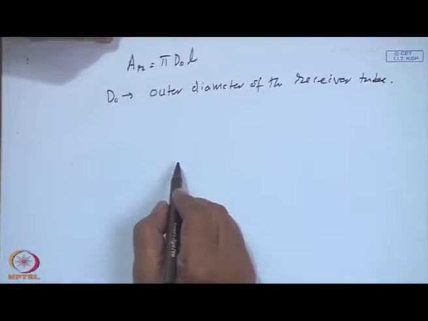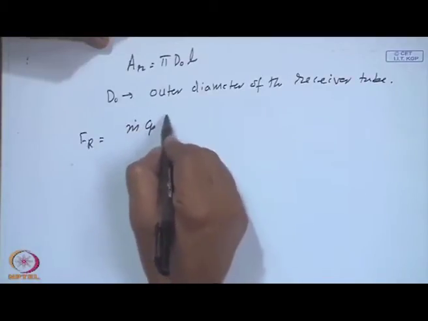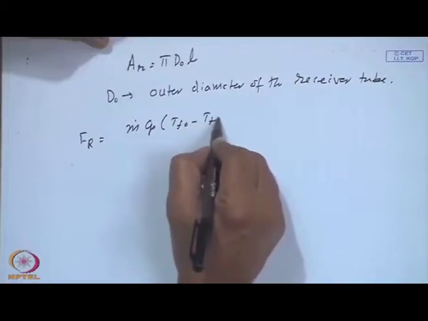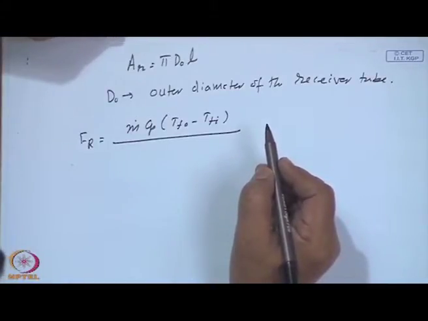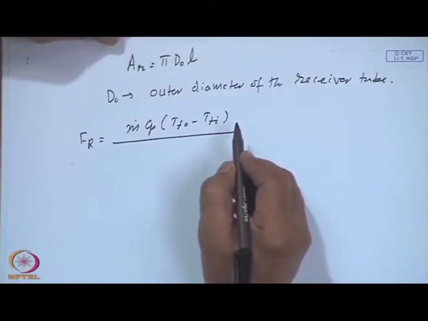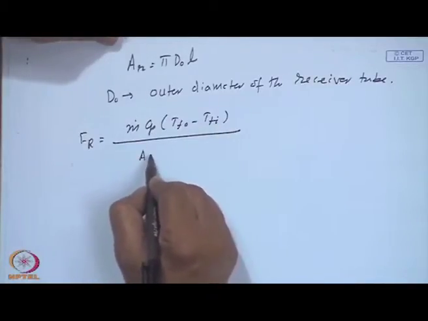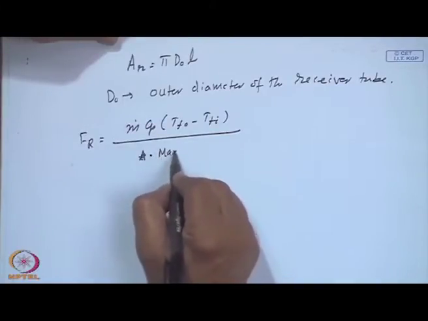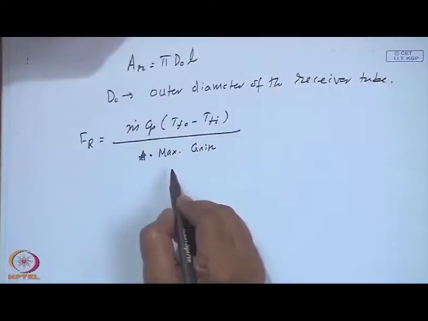Now, we have already derived that your heat removal factor should be equal to the actual energy gain, irrespective of the governing equations or the balance equations, which is nothing but m dot Cp into Tfo minus Tfi, that is the temperature increase of the fluid multiplied by the flow rate multiplied by the specific heat, divided by the maximum gain, which we have already explained in terms of Tfi.